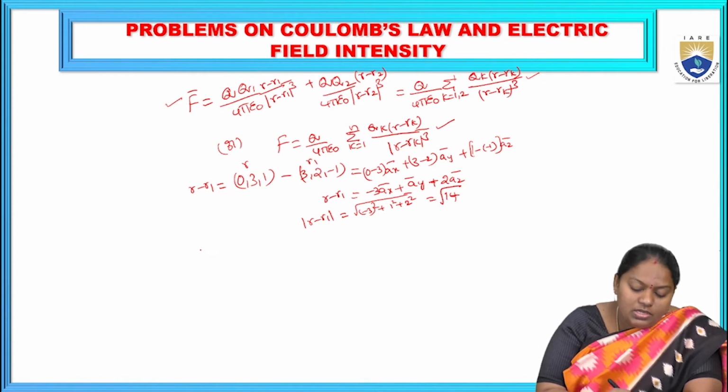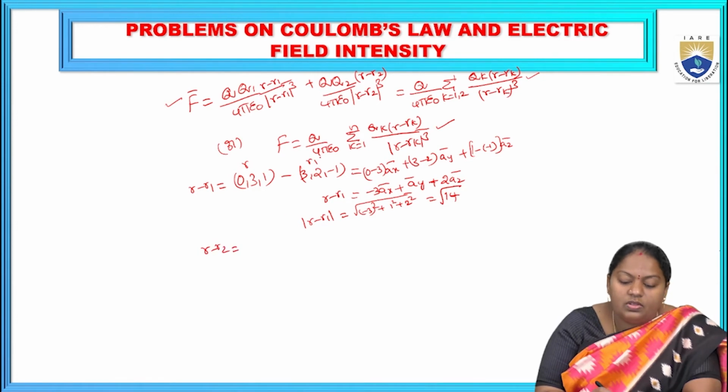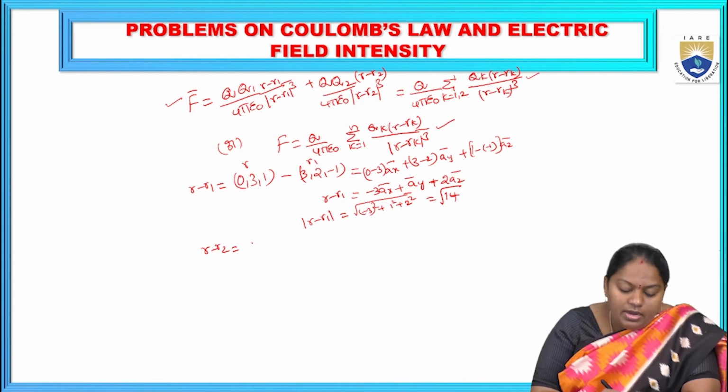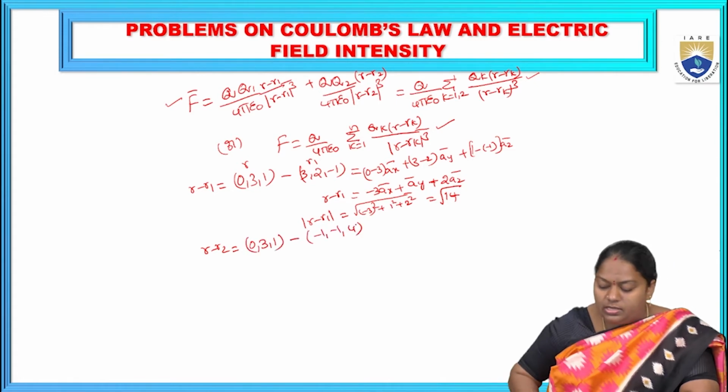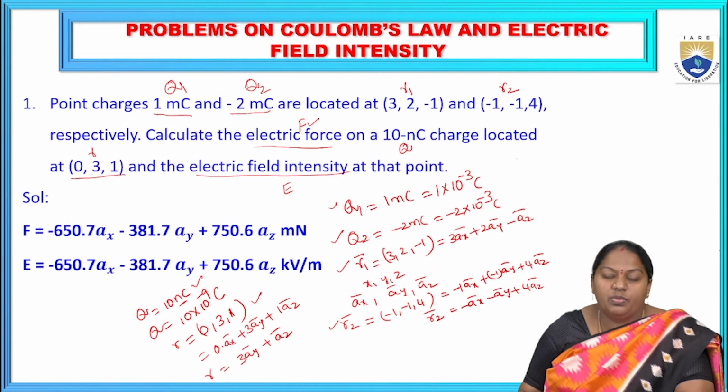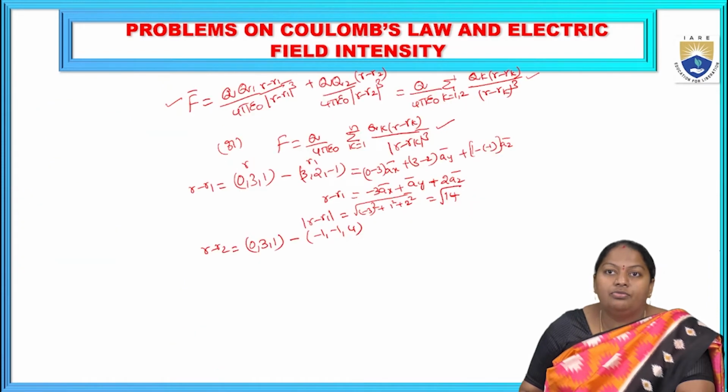Right? Now, R minus R2. In the next term we have another vector, R minus R2. To find this, we already know R is (0, 3, 1) minus R2, which from the given data is (minus 1, minus 1, 4), right?